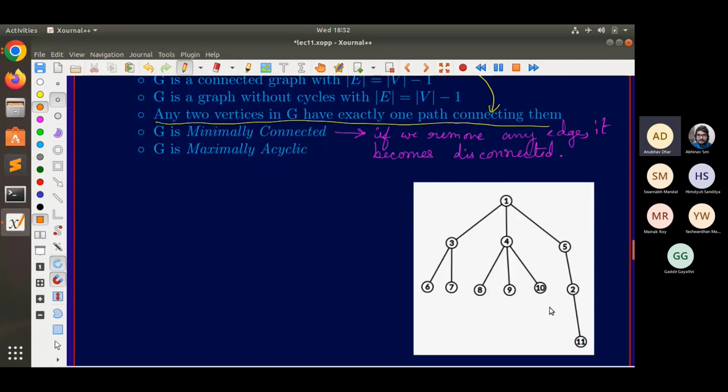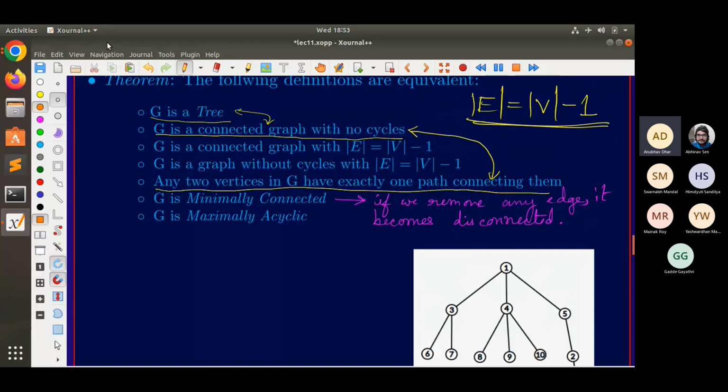So, for example, you see over here that if you remove this edge, 7 will be disconnected from the rest of the graph. If you remove this edge from 1 to 4, these two will form separate connected components. The point is, if you remove any edge, the entire graph becomes disconnected.